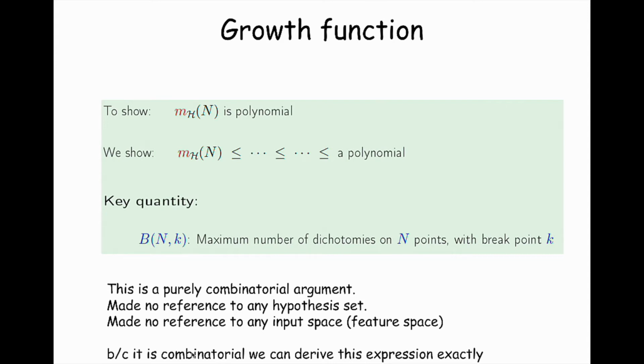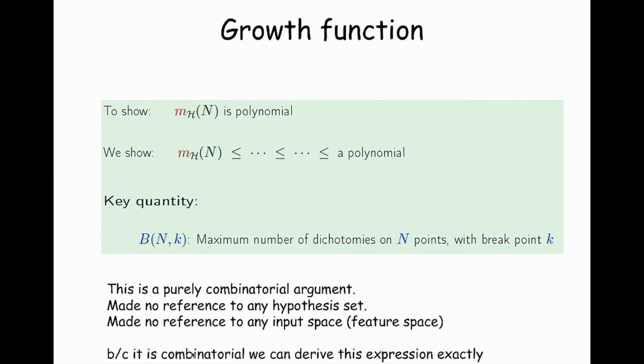So we need a way that's separated or divorced, if you will, from the specific hypothesis set. We're going to use a combinatorial argument, develop that, and show that this is polynomial in its upper bound. So we make no reference to our hypothesis set, and we also make no reference to input space or feature space.